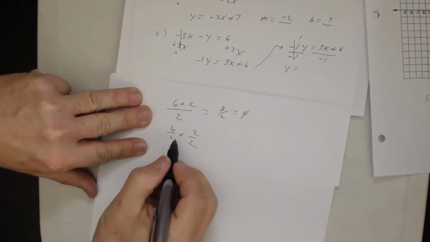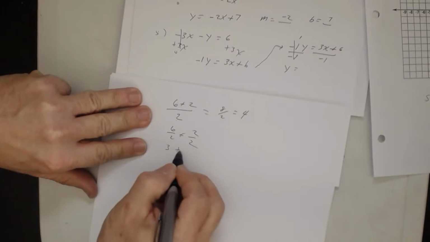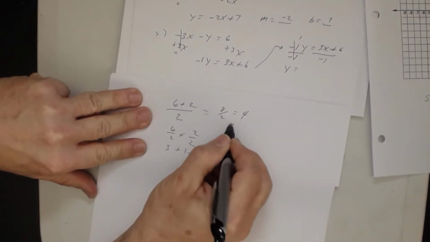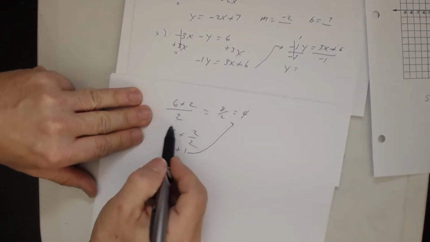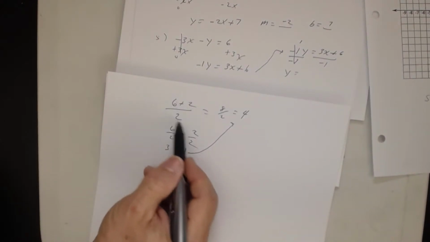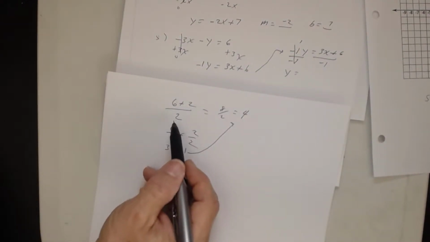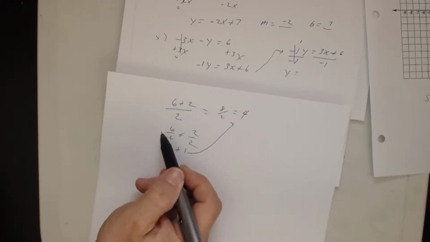And what's 6 divided by 2? 3. 2 divided by 2, and you still get 4. So whenever you're dividing by one term, a monomial, a number, you can break it down into two fractions. All right, so that's what you want to do with this.